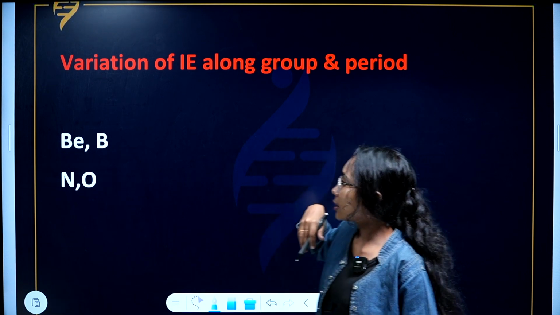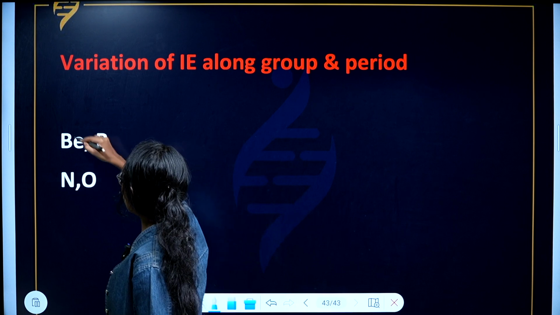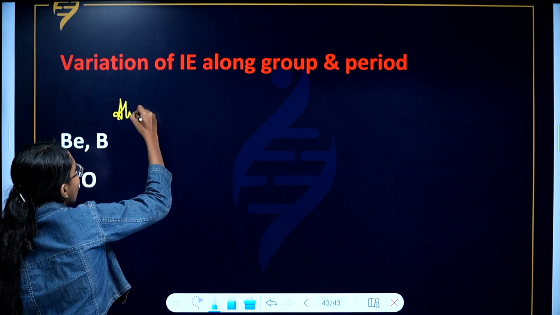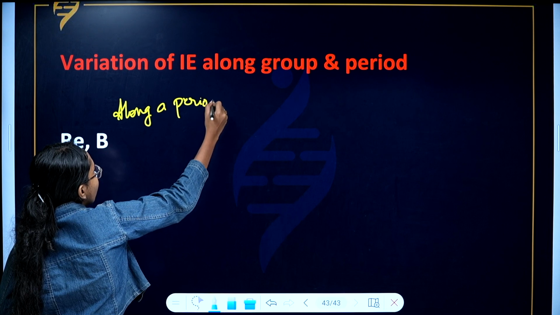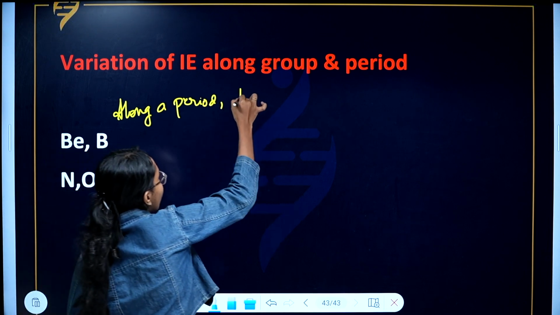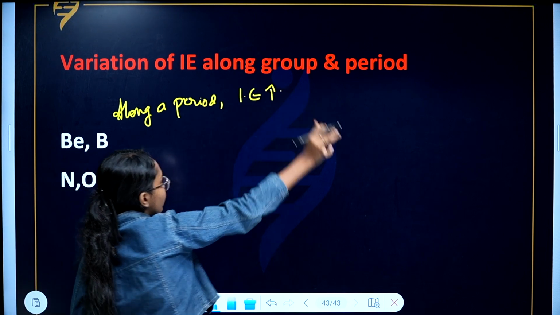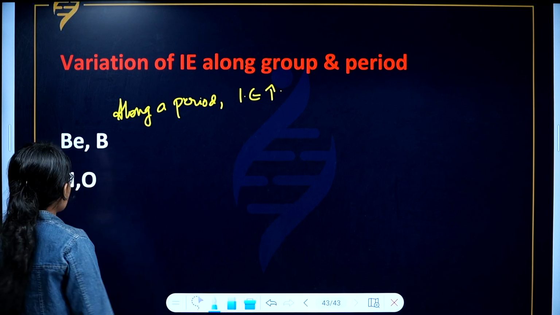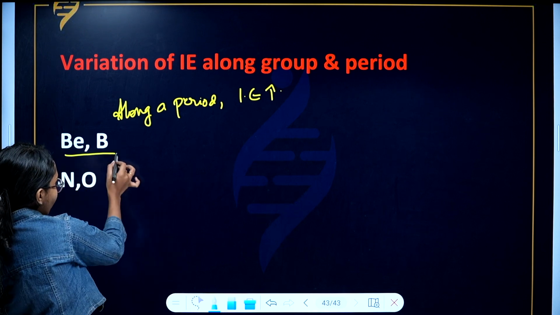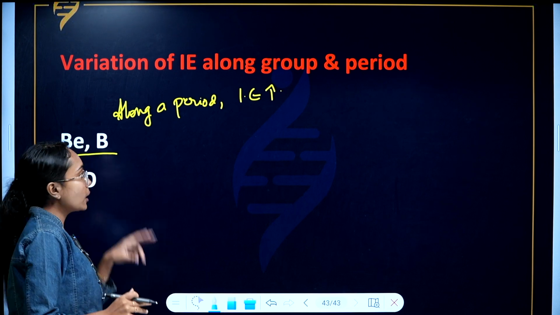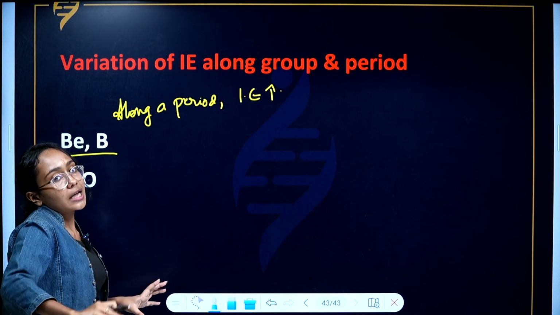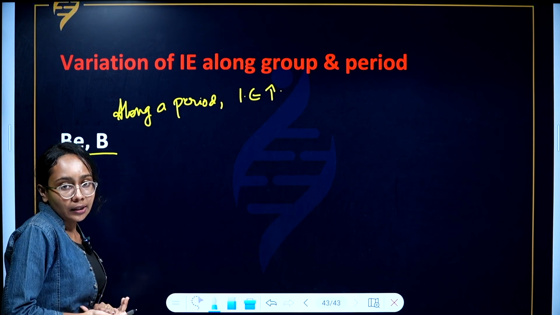Now, along a period, we have learned that ionization enthalpy increases, right? So it is expected that boron has higher ionization enthalpy than beryllium.